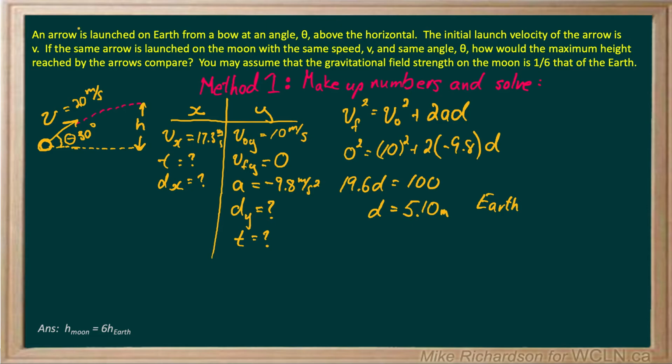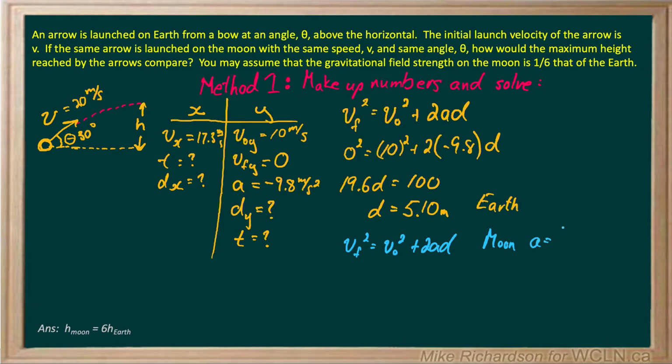Now if I repeat on the moon, same equation, V final squared is V initial squared plus 2AD. So this is the moon now. The only thing we've got to change is my acceleration due to gravity.